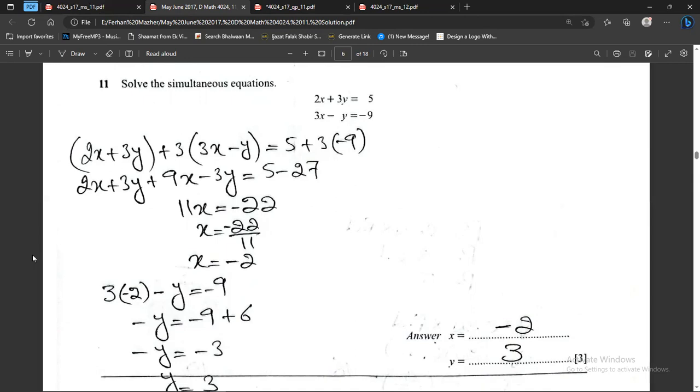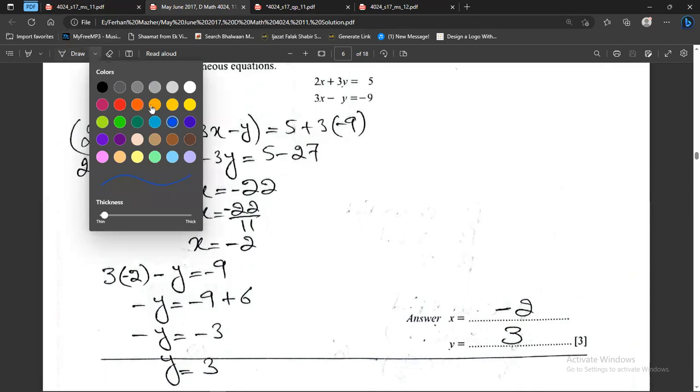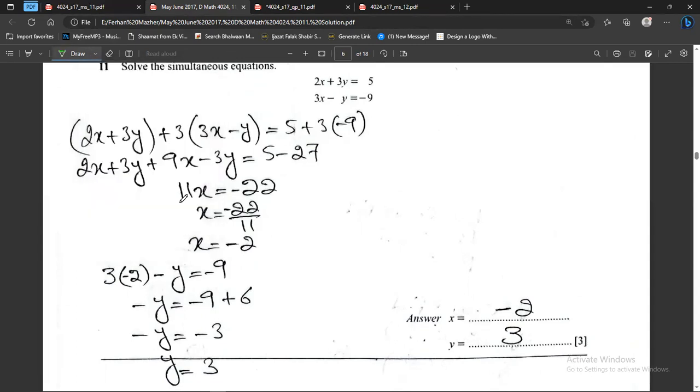So you will have 2x plus 3y plus 9x minus 3y equals 5 minus 27. So you can see this and this is cancelled. So you will have 11x equals minus 22. X will be equal to minus 22 by 11, and x will be equal to minus 2.